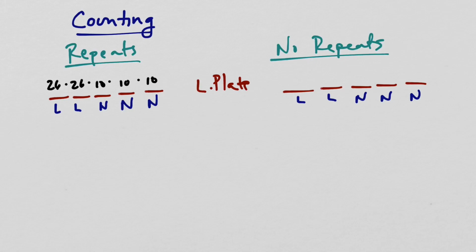Now, if there's no repeating, this is where factorial comes in. So within the letters, it's like saying we're going to do a little bit with the n factorial of 26 times 25, but then we're going to stop because we're not going to have 26 values on this license plate. So we would have 26 letters, but now if we pick the letter A, we can't pick that anymore.